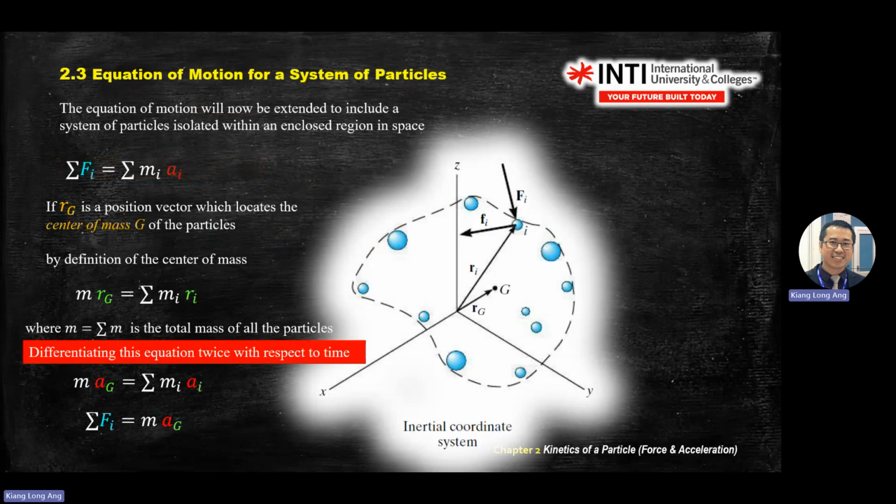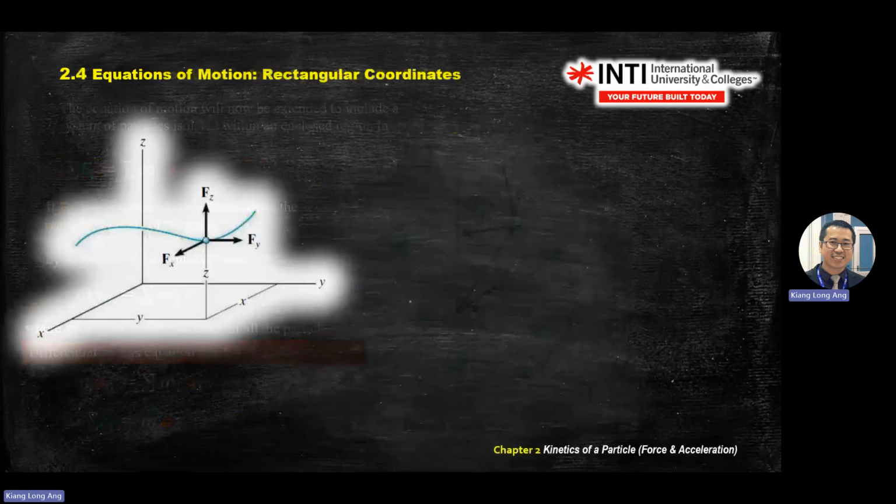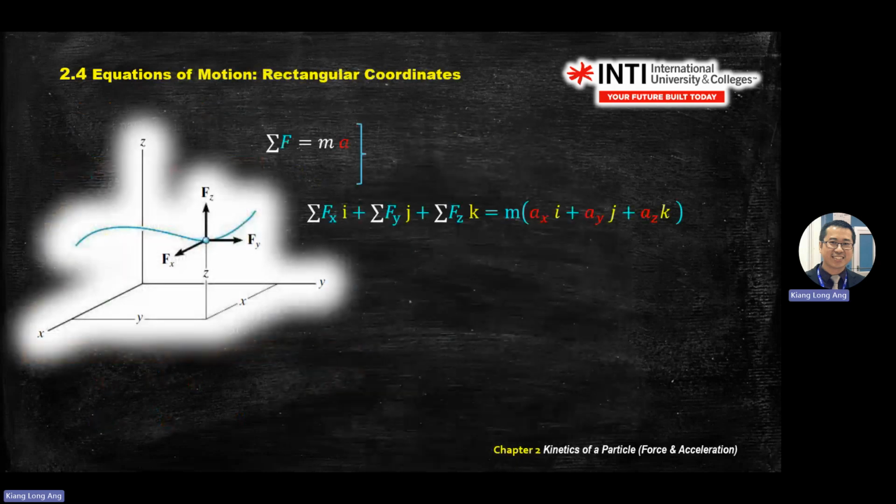So we assume you know how to find Ixx, Iyy, Izz, and so on. In three-dimensional, it is still the same. We still deal with sum of all forces equal to ma. You can break into x, y, and z again, like what you saw in chapter 1.